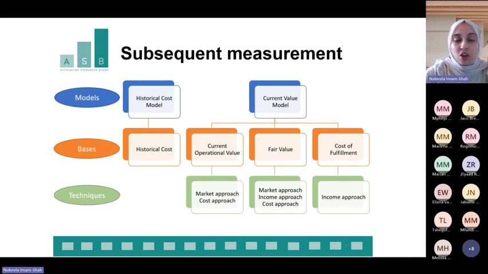Lastly, in green, on this diagram, you'll find the measurement techniques. These are the methods to estimate the amount at which an asset or liability is presented under the selected measurement basis. Now we'll unpack each of these in a bit more detail when we move on to IPSAS 46.